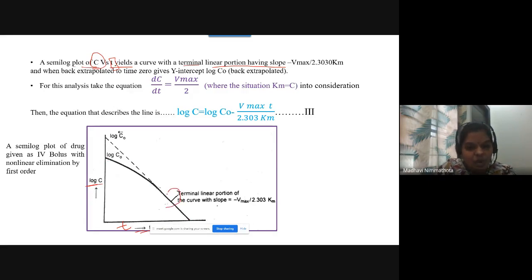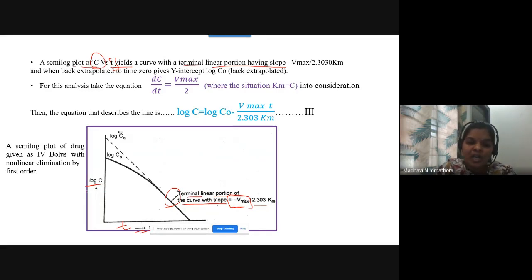This is called the terminal linear portion of the curve, with a slope of Vmax by 2.303 Km.